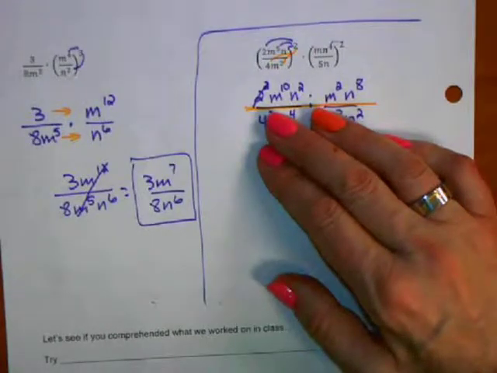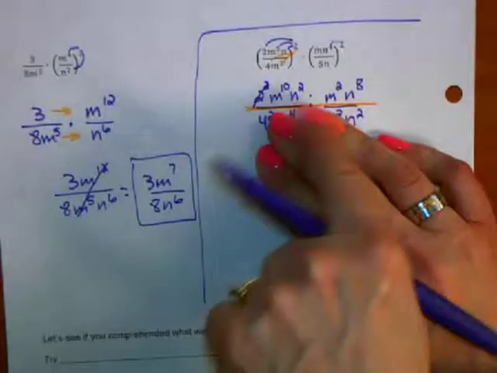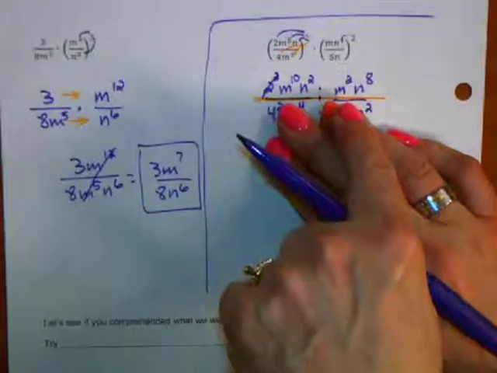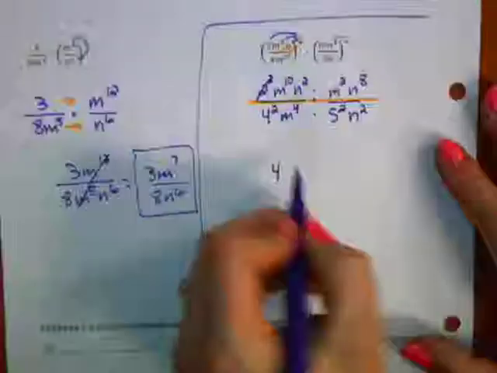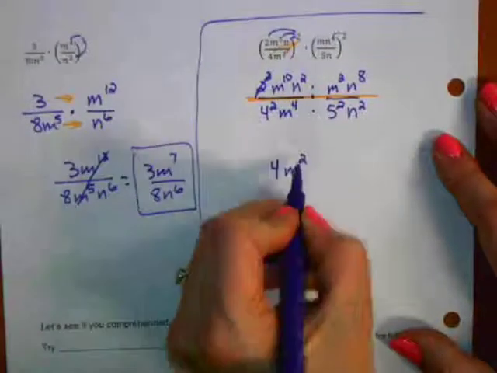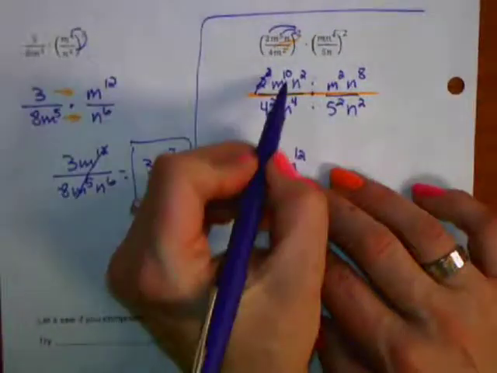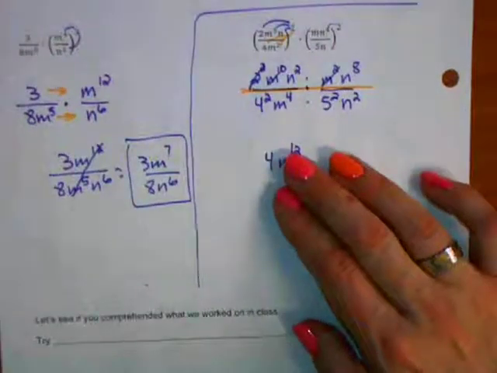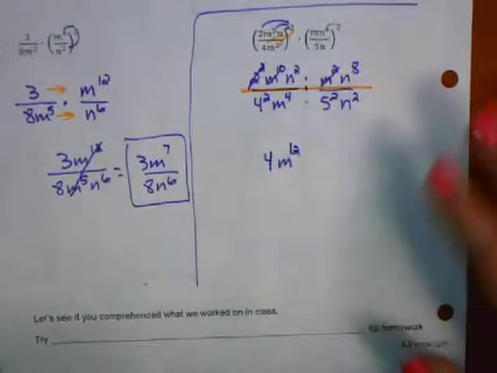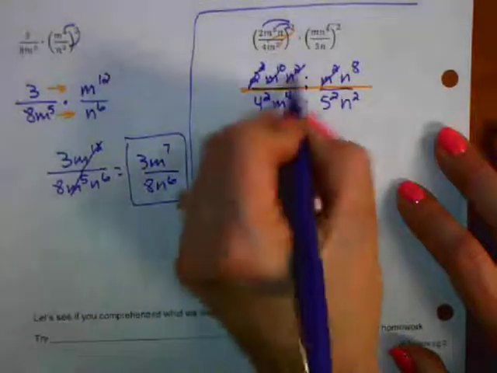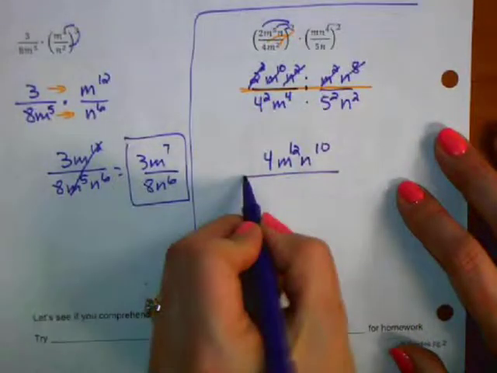M to the 10th, I have another m here. M to the 10th times m squared is actually how many m's? M to the 12th. This is still my numerator I'm working with. Okay, I have n squared times n to the 8th. How many n's is that? N to the 10. So that's my numerator.